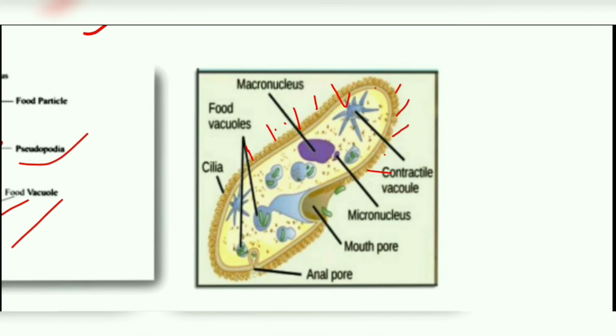Using the cilia, paramoecium feeds on pigmented yeast. A food vacuole is created enclosing the food, and it moves through the cytoplasm. The food is digested in the food vacuole and absorbed by the cytoplasm. Then the undigested food is given out through a tiny pore called the anal pore.